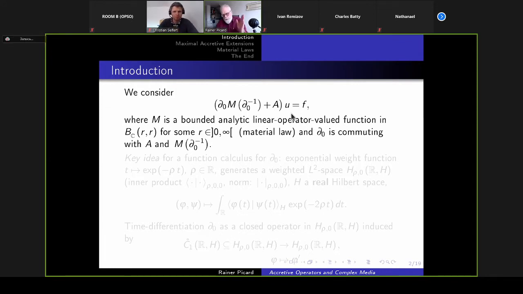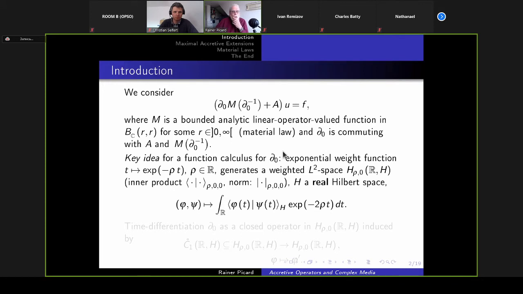So we have a time factor and a space factor, and the A is sort of summarizing the spatial derivatives, and D0 is the time derivative. So, of course, to make sense of putting an operator into an analytic function, we need to have a functional calculus. And the setup here is to start with an exponentially weighted L2 type space on the whole real line with values in a real Hilbert space H. Associated inner products and norms are denoted like this.